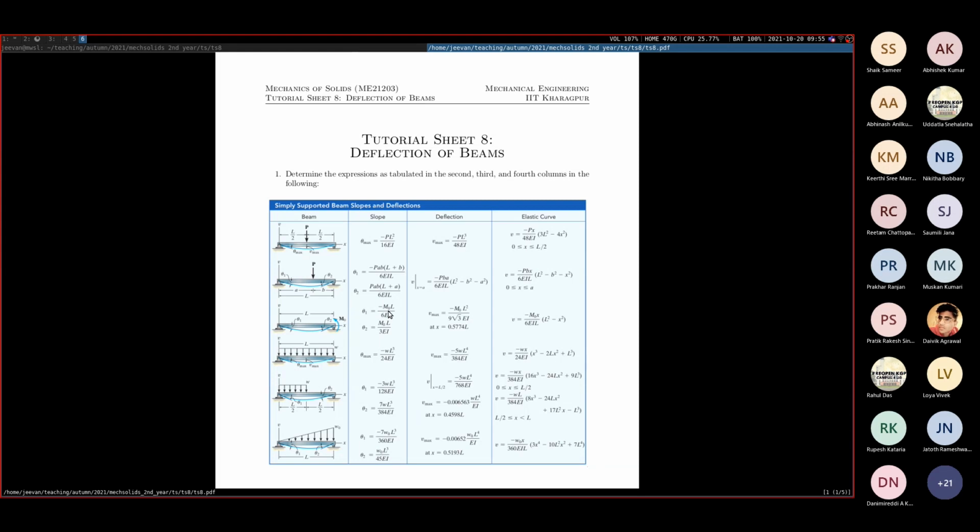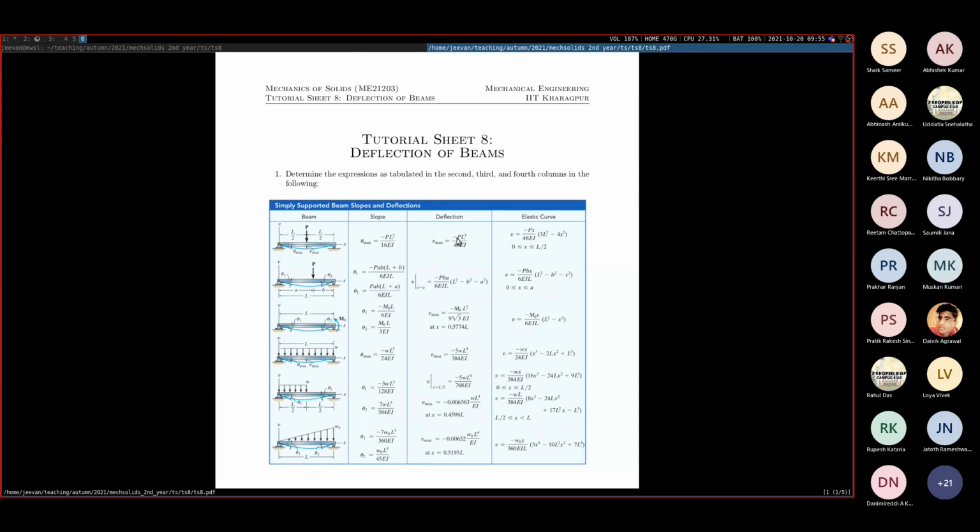At least once in your life, try to obtain these solutions. Ideally you should be able to do all of these, but do give it a try to some of them. The case we are concerned with for this problem is this case, where the applied force is exactly at the middle, and the deflection is indeed PL cubed by 48 EI.